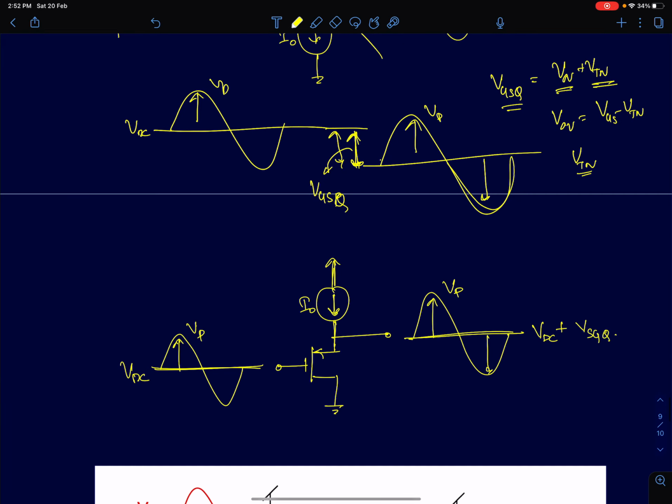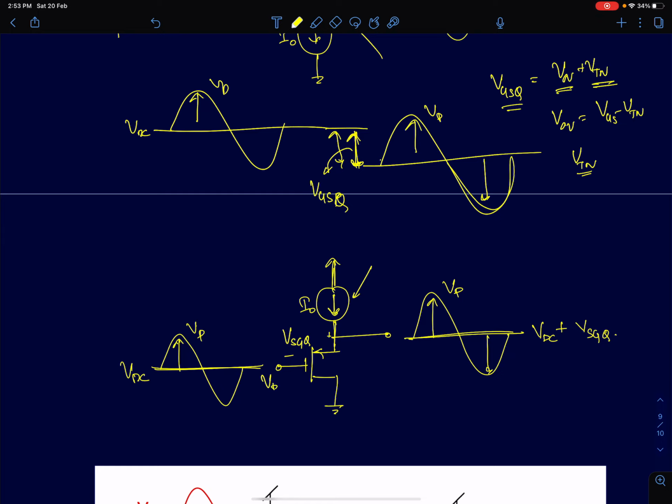Similarly, I can shift its level up by using a PMOS source follower. In a PMOS source follower, input is here at the gate and source is normally at a higher DC voltage, always at a higher DC voltage. If the device is carrying a current I0, then the DC voltage across source to gate will be VSGQ.